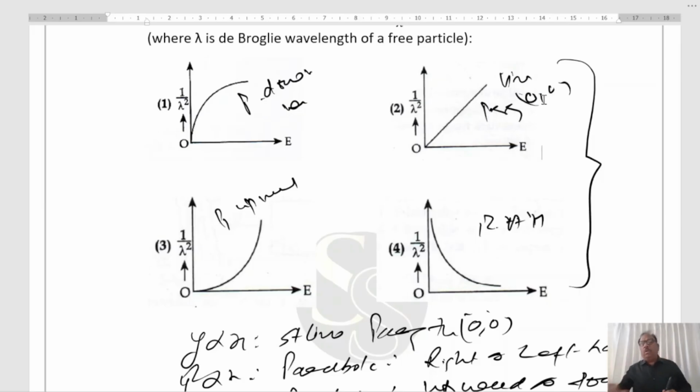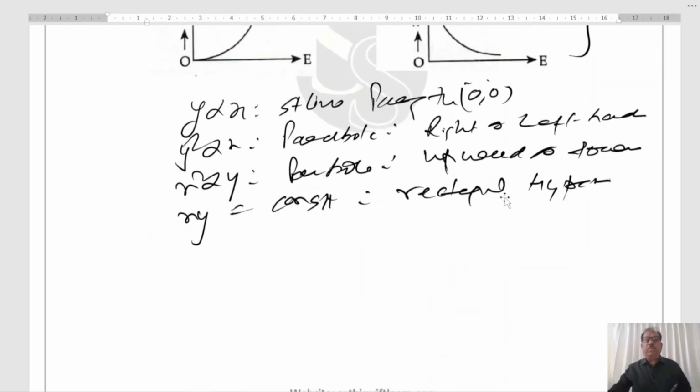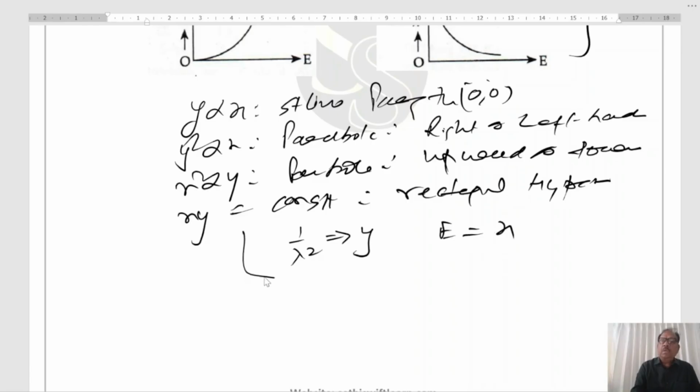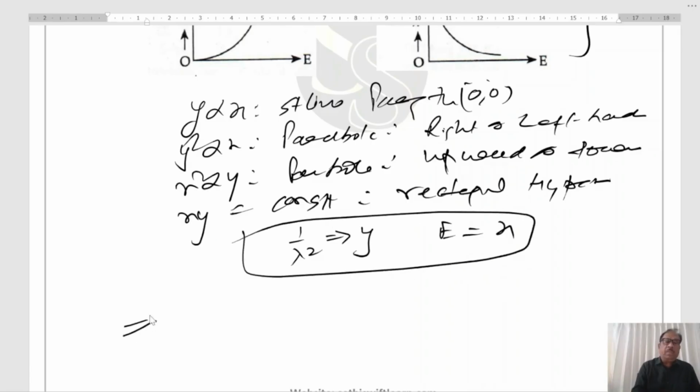Right? Now, before starting the question, we have to develop the relation. In this case, 1 by lambda square is your y and E is your x. First of all, write the mathematical formula applicable. We know lambda equal to h by p. We know p square by 2m equal to E, so p comes out to be under root 2mE.